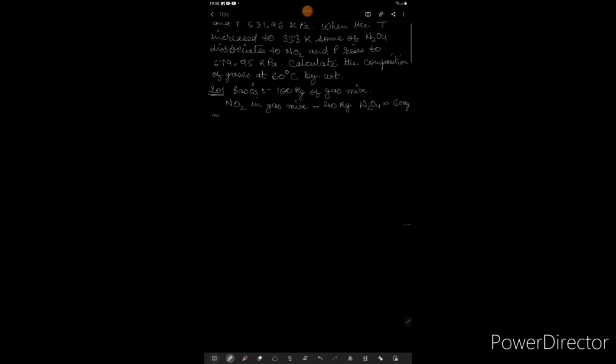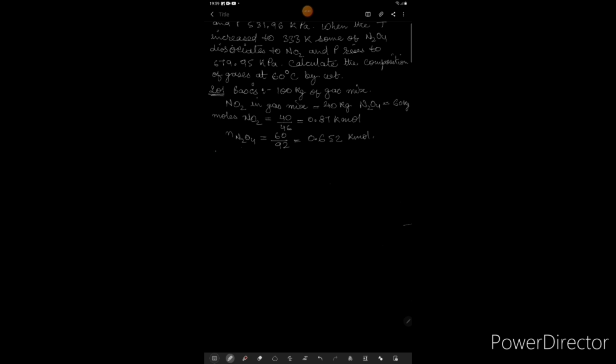So moles of NO2 is equal to 40 by 46, weight by molecular weight, is 0.87 kilomole, and moles of N2O4 equal to 60 by 92, molecular weight of N2O4 is 92. So 0.652 kilomole.